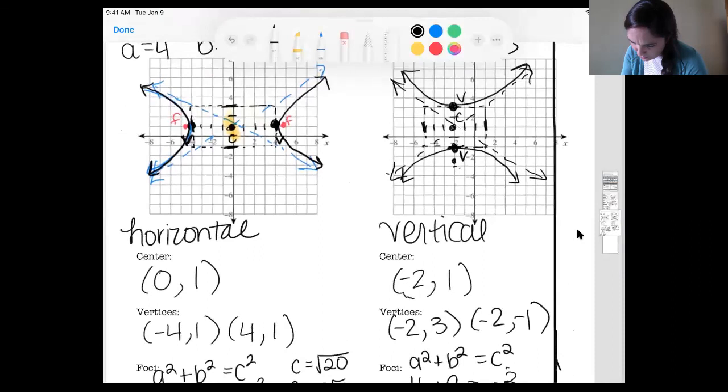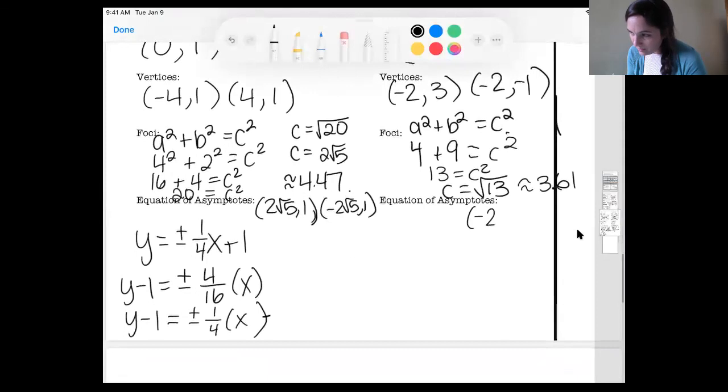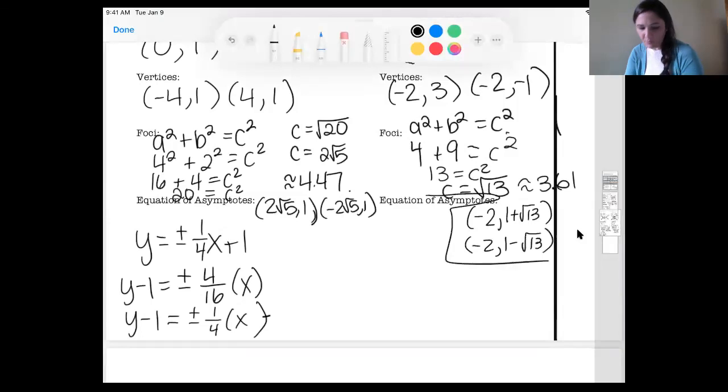It's about there. I'm going to label them with an F. And I need to actually find that exact value. So -2, 1 plus root 13 is the first. And -2, 1 minus root 13. Need more room for the foci.